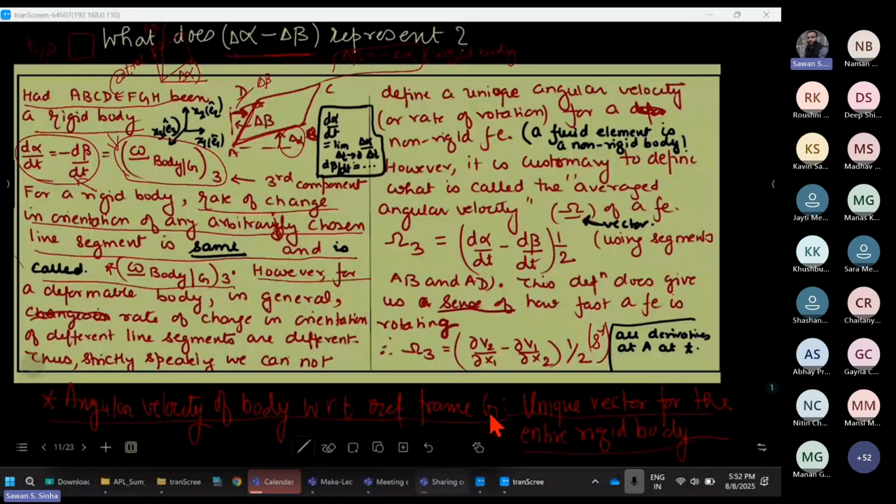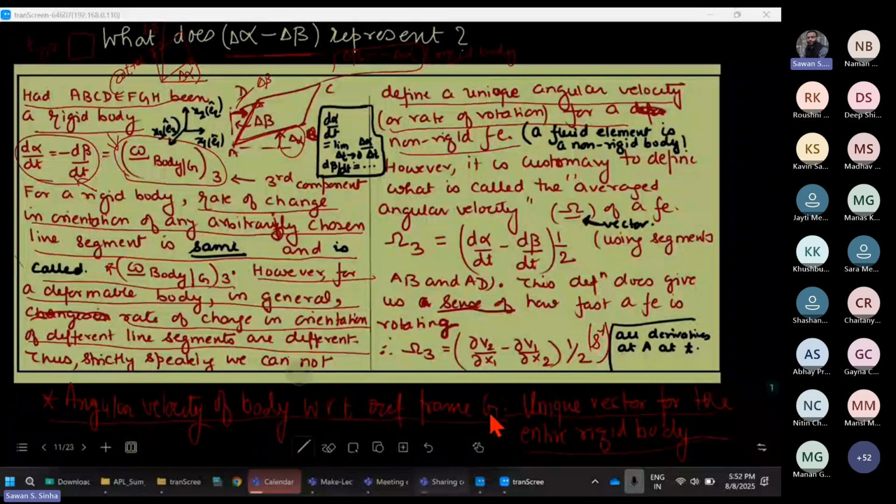However, for a deformable body in general, the rate of change in orientation of different line segments are different. Thus, strictly speaking, we cannot define a unique angular velocity or rate of rotation for a non-rigid fluid element. You cannot define a unique angular velocity for a non-rigid body.